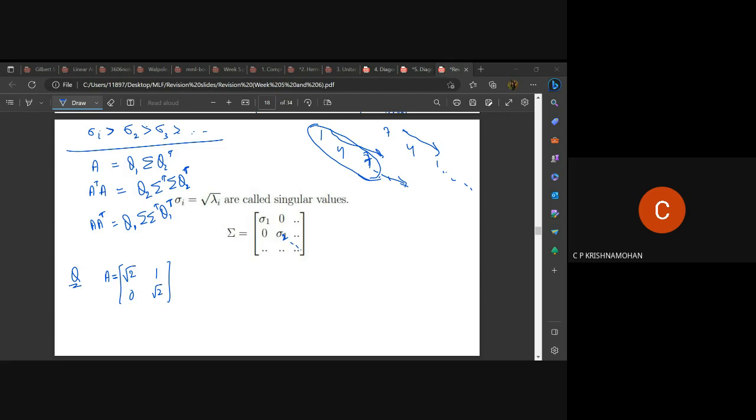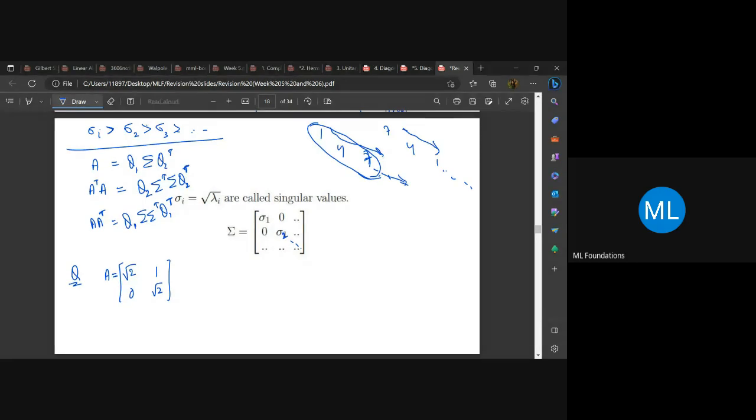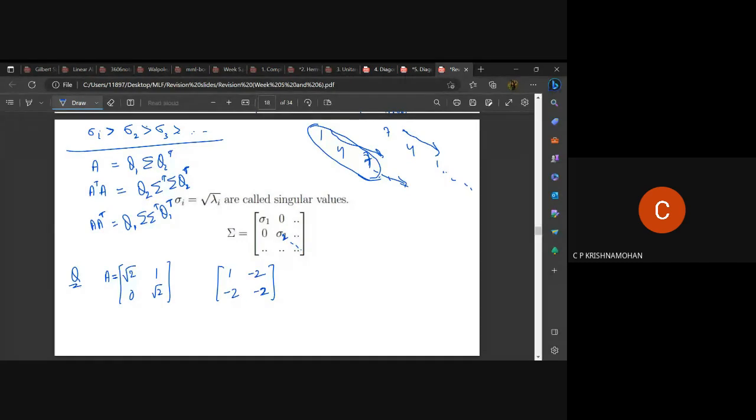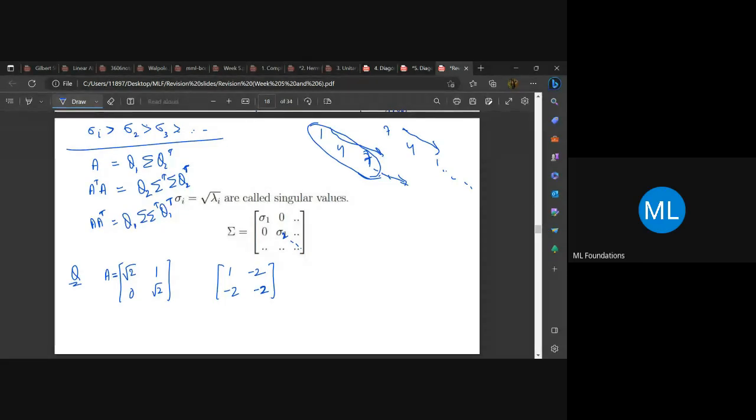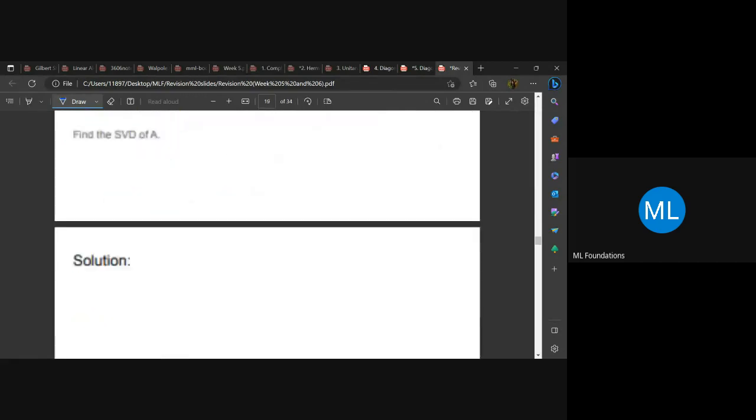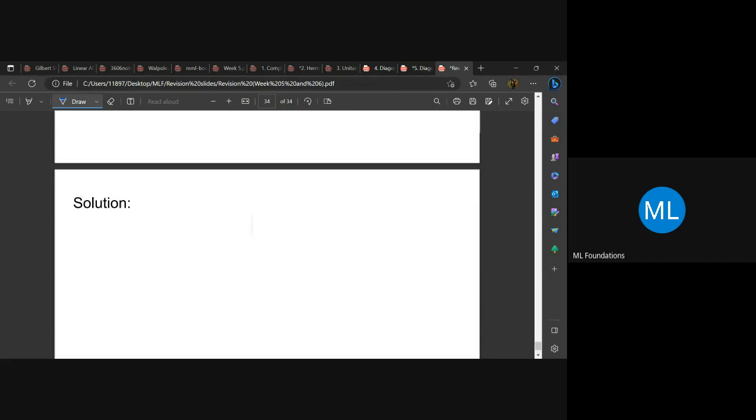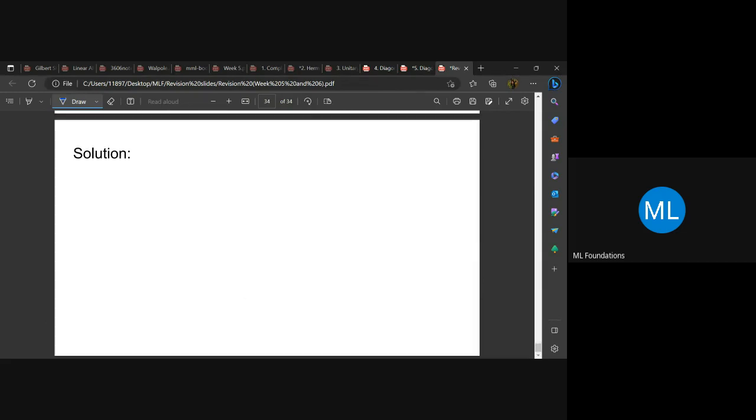That is a 2 by 2 matrix with 1, minus 2 in the first row and minus 2, minus 2 in the second row. Here I was doing the SVD for this. So I got Q1 as, okay, let's do this. Let me take one fresh page.